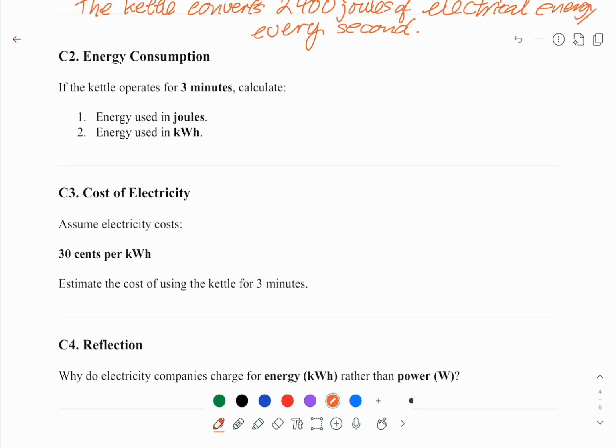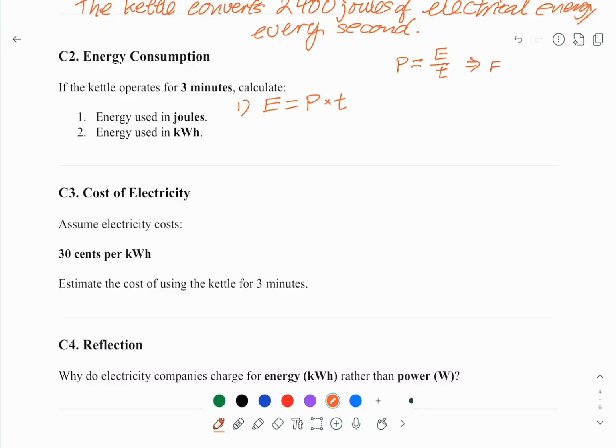If the kettle operates for 3 minutes: 1, calculate the energy used in joule; 2, the energy used in kilowatt hour. So number 1, energy used equals power times time. Remember, power is defined as energy per second.